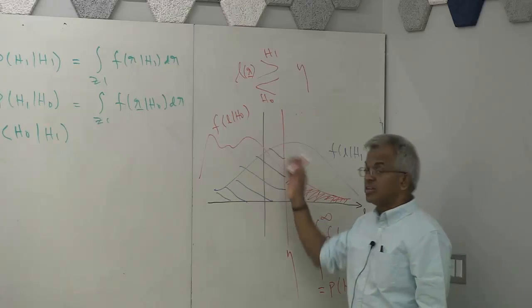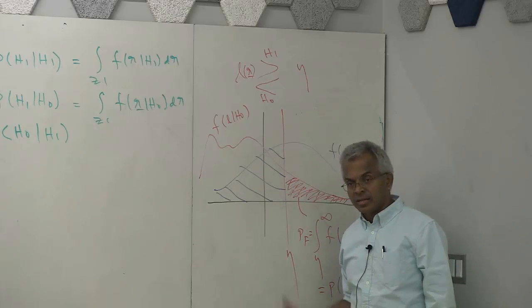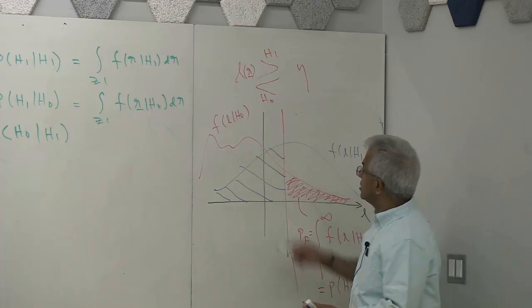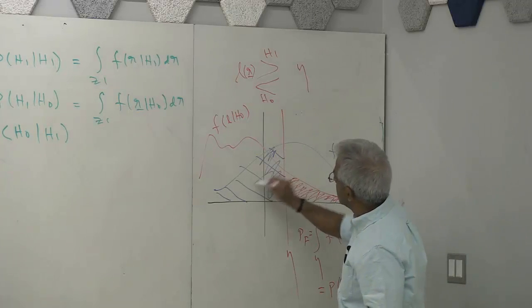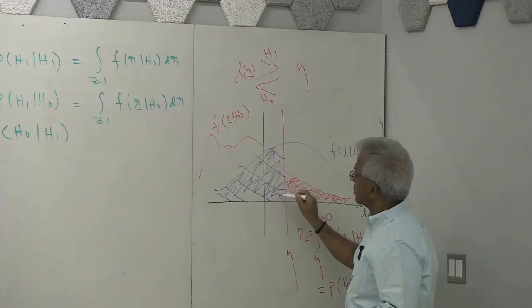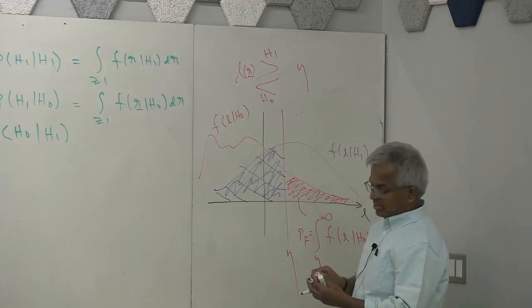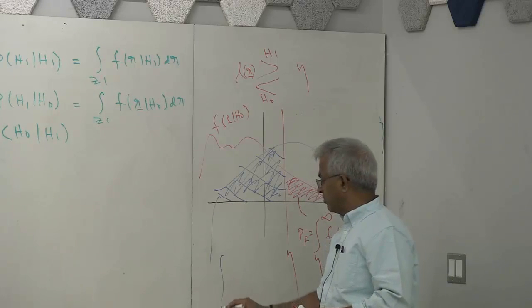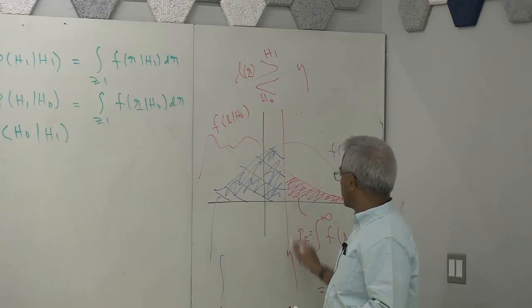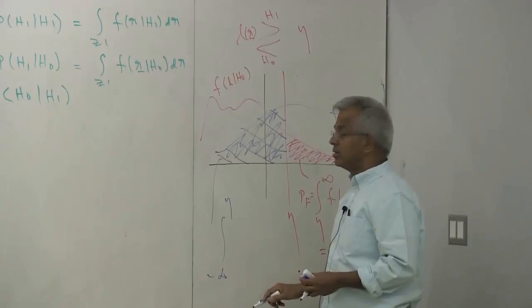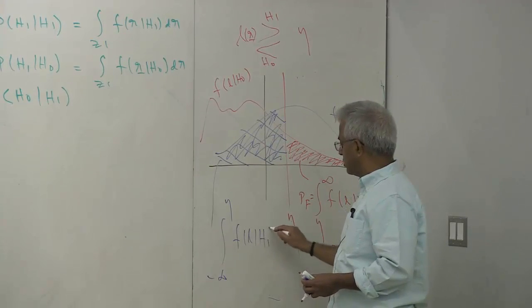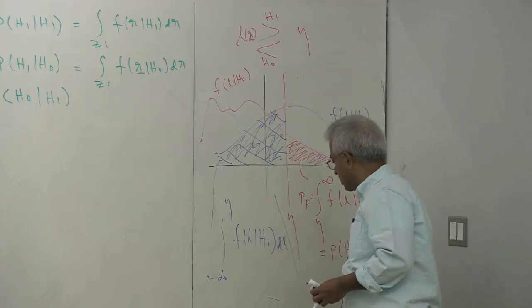So if this density function has a fat tail, then the probability of detection is high. Now how about this region, which I have written like this? Anybody? So again, let's see what it is. This is the integral from minus infinity to eta, you are integrating up to here, of the density function of L under H1, dL, right?